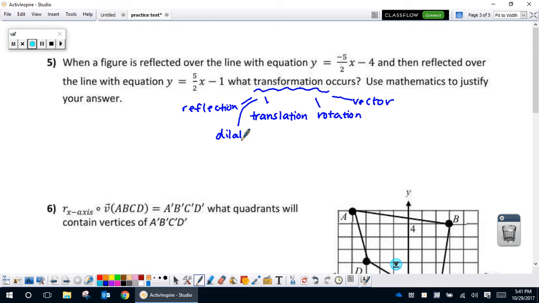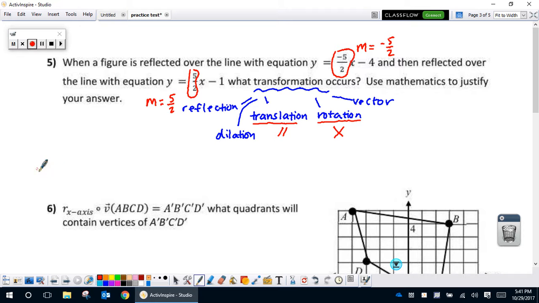Okay? But we know that going over 2 lines, most commonly it's either going to be a translation, which means parallel lines, or a rotation, which means intersecting lines. So you really need to make sure you compare their slopes. So the slope there is m equals negative 5/2, and the slope in your other line is m equals 5/2.